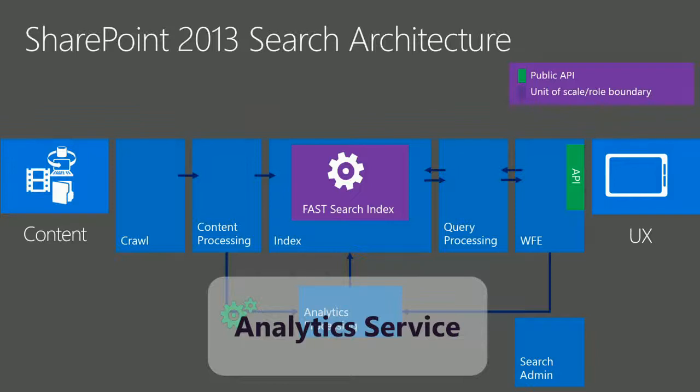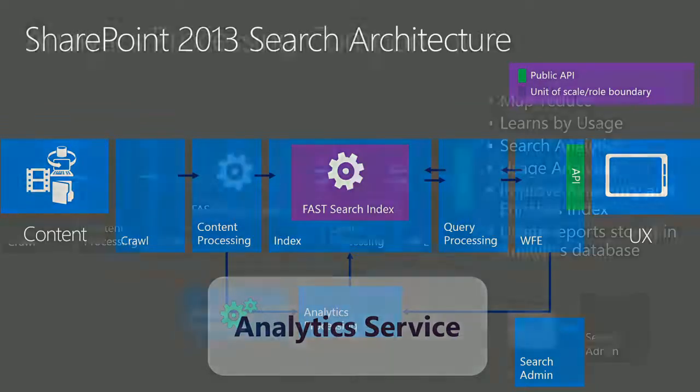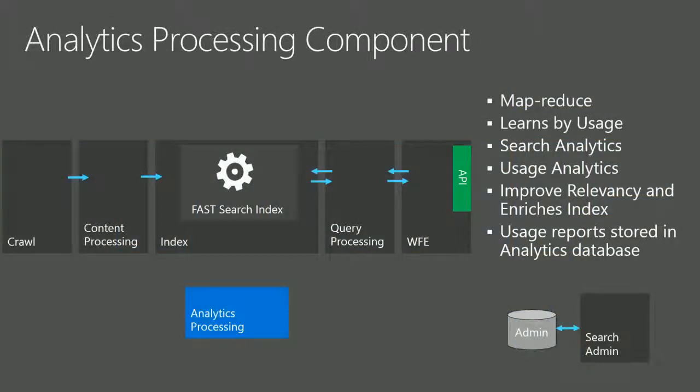Now what's going on the side here is we have an analytics service that is running and processing streams of events. So it's using MapReduce, so as you scale these out, portions of the work are actually shipped to different locations. It learns by usage.